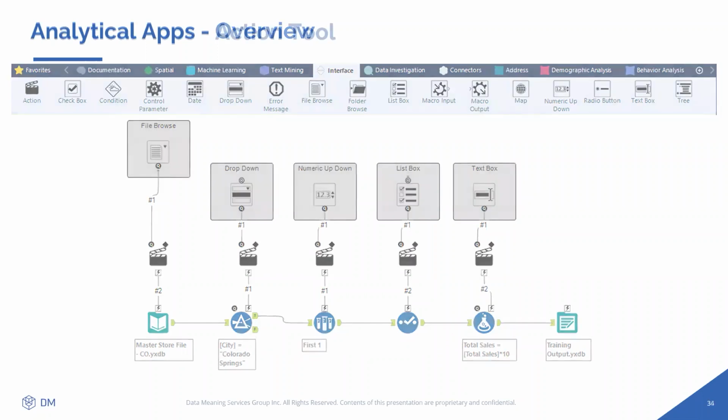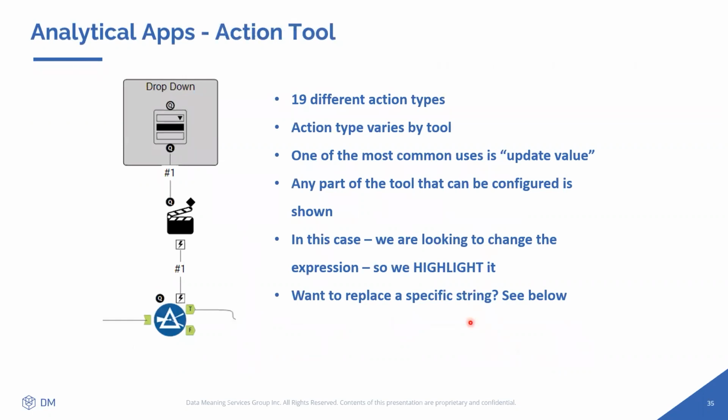All right, so when you talk about the action tool, this one here, you have a lot of different action types, and that's all based on your interface tool as well as your tool here. So I have a lot of different ones. The most common one is for you to update a value, and with this option or any other option, the action tool, you'll be able to change anything in this filter.